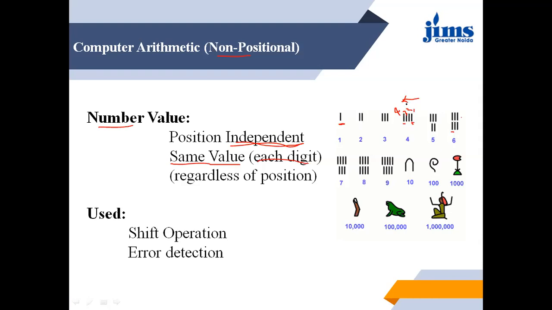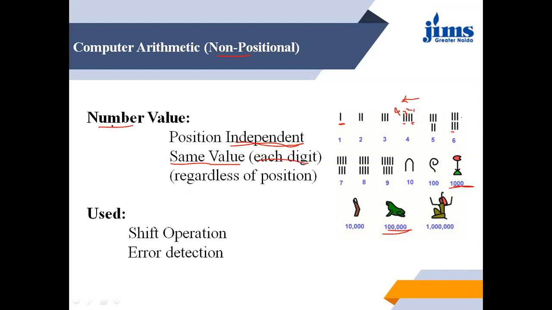We can represent a thousand by a symbol like this, and we can represent a symbol that is equivalent to 1 lakh. These are the representations of a non-positional system.